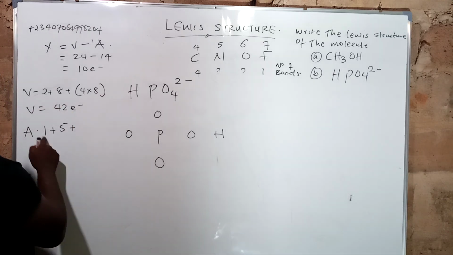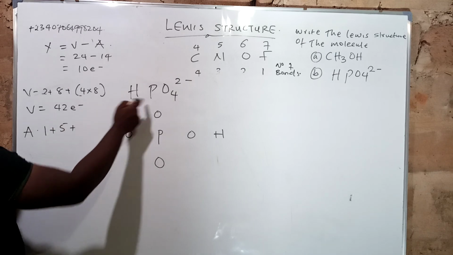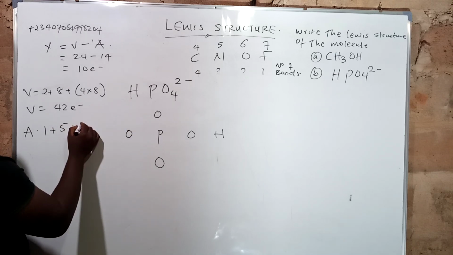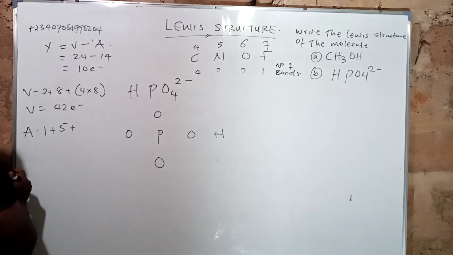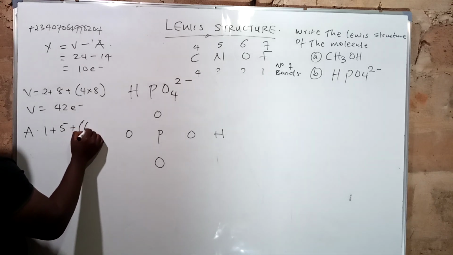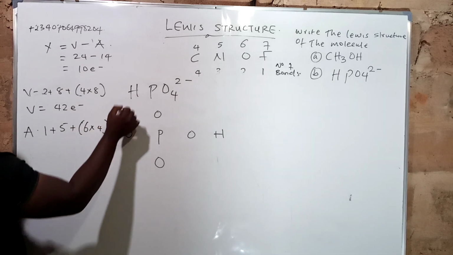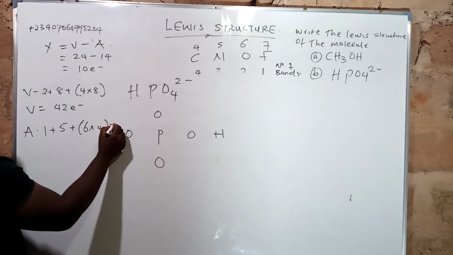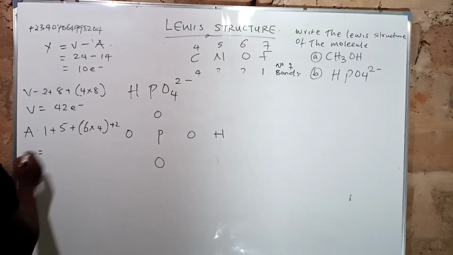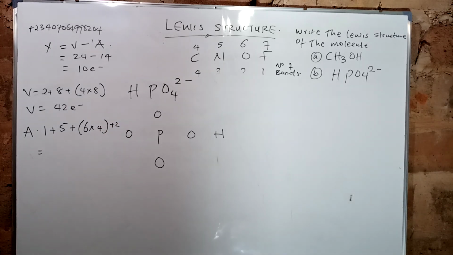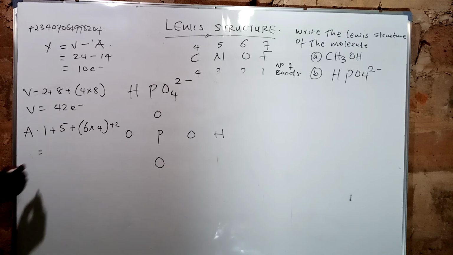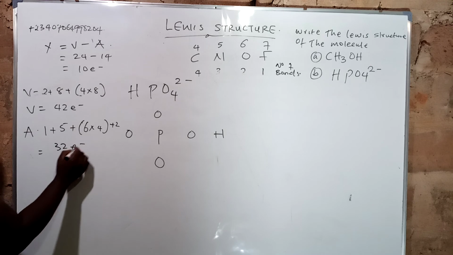So this is 1 plus 5 plus 6. Oxygen is 6 times 4. This is where I'll add the 2 plus 2. Please pardon me. You should punch it in your calculator. Your A is 32 electrons.